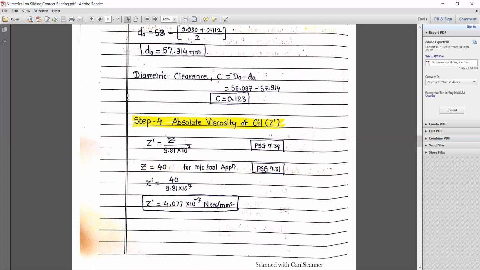For machine tool application, the value of Z is 40. Just take a glance from here. For machine tool application, the value of Z is 40. So this value we have used for calculation purposes.